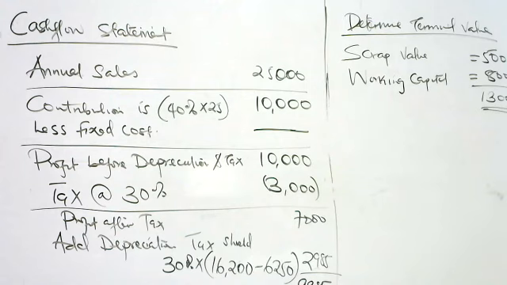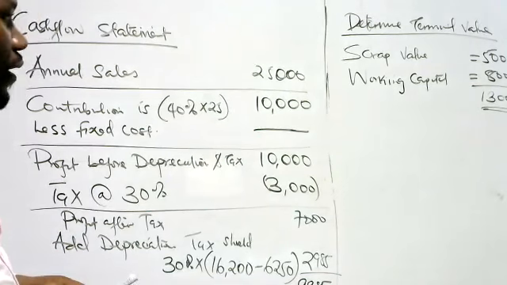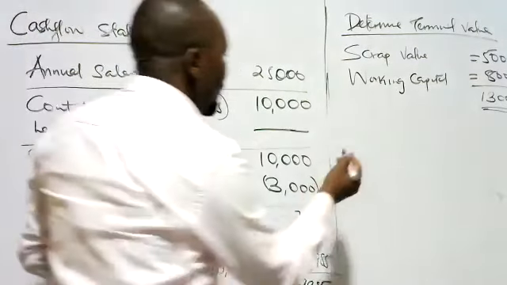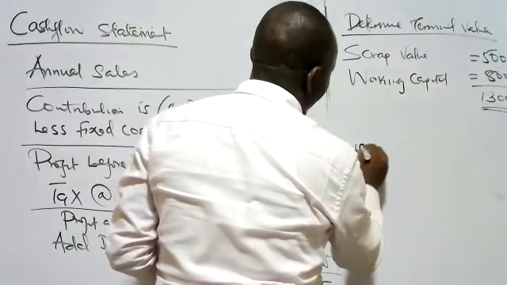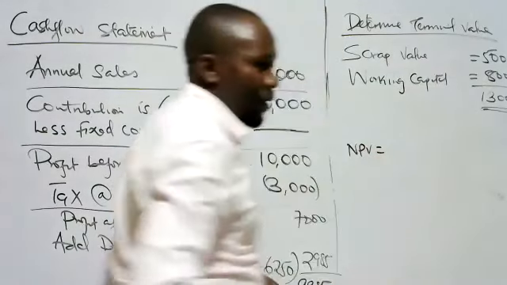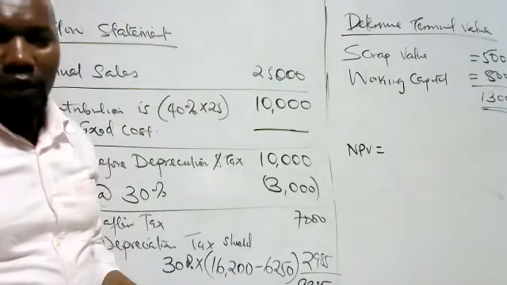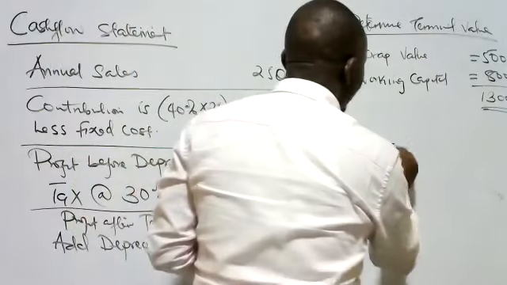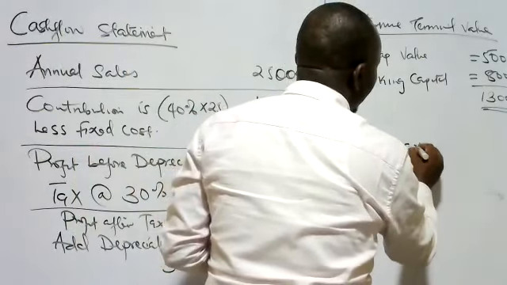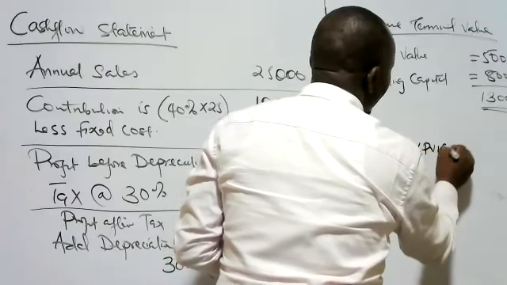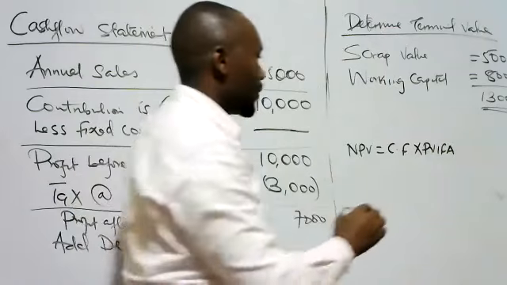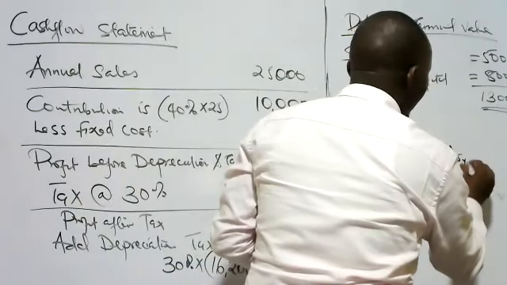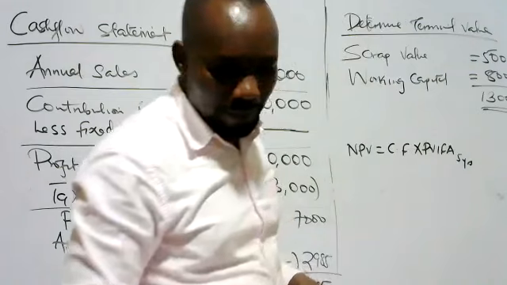So we can get our NPV now in the normal way. So our NPV, we are going to have PV for cash flow times PV for how many years? We are having 5 years.